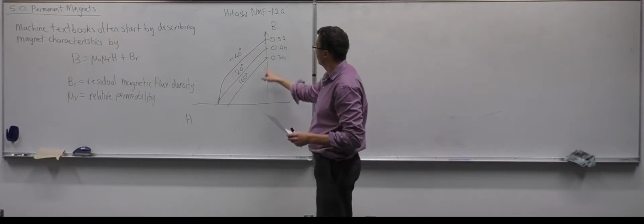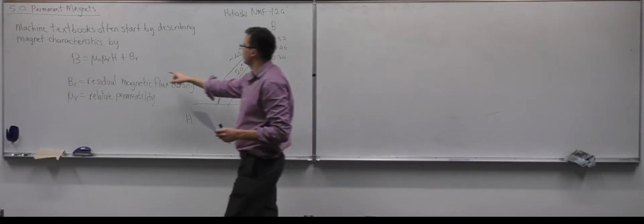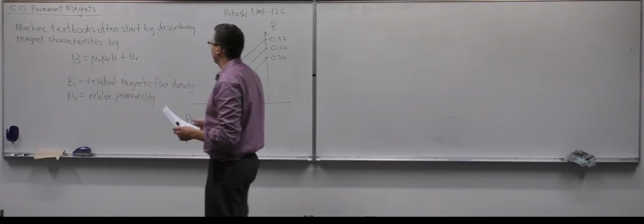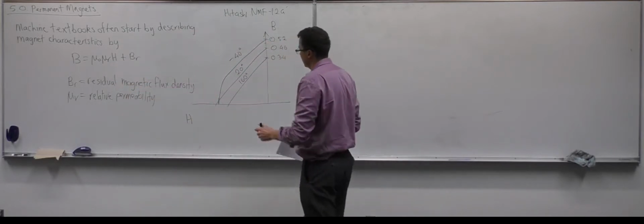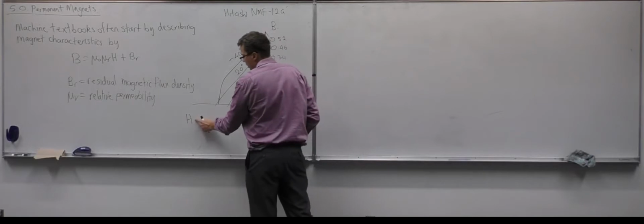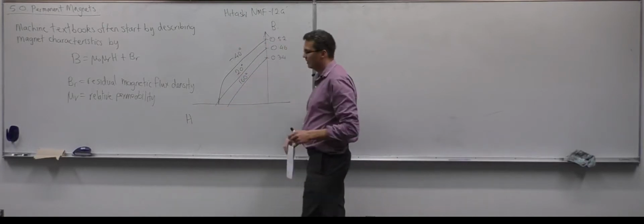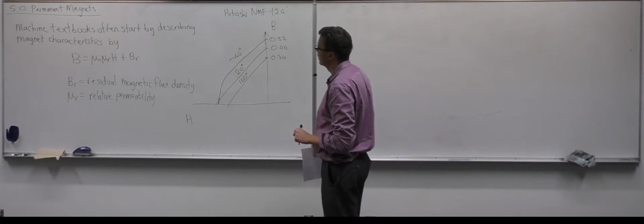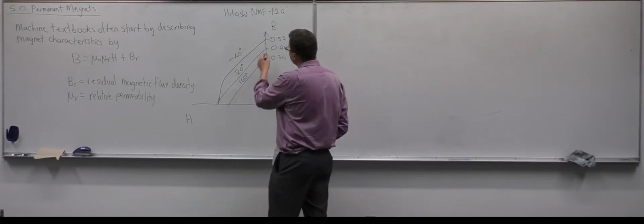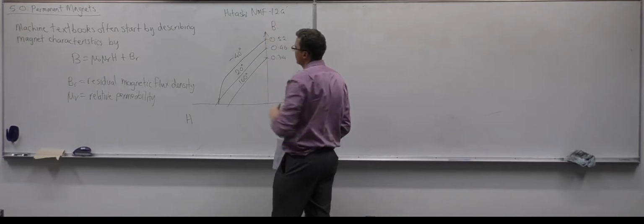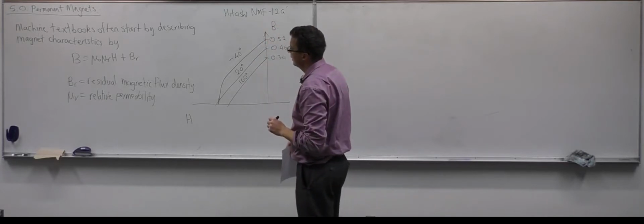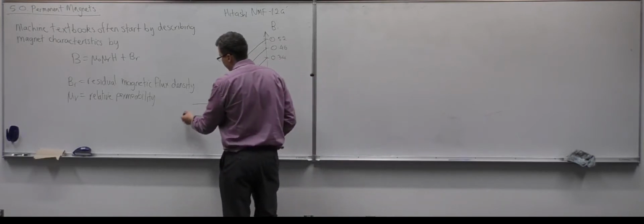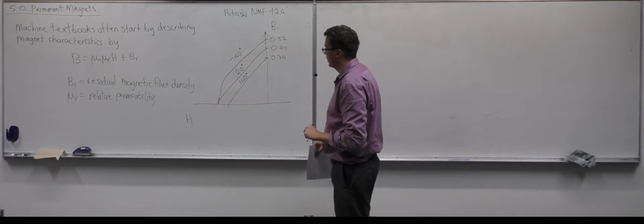And you can see that BR is positive, and then we have H along here, which is negative, and that gives you the relationship between the magnetic flux density in the magnet material and the magnetic field intensity H in the material.